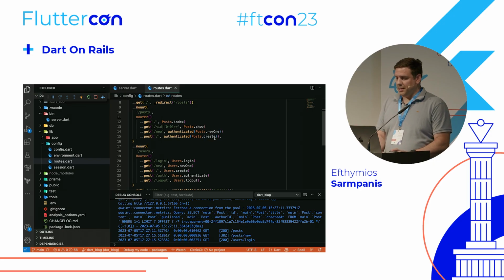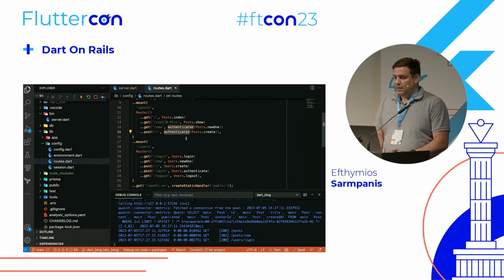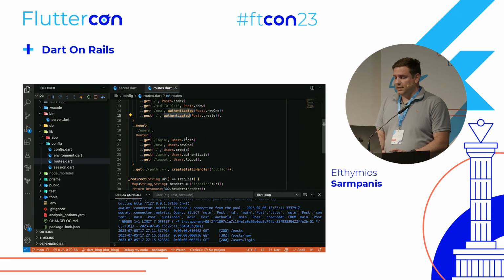If you have a better name, just let me know. I really like naming things appropriately. And also we have the create. You also see this middleware, which is needed because you have to be authenticated in order to create a new post. And then we have the users, which has the login, the new, the create, the authenticate, and the logout.